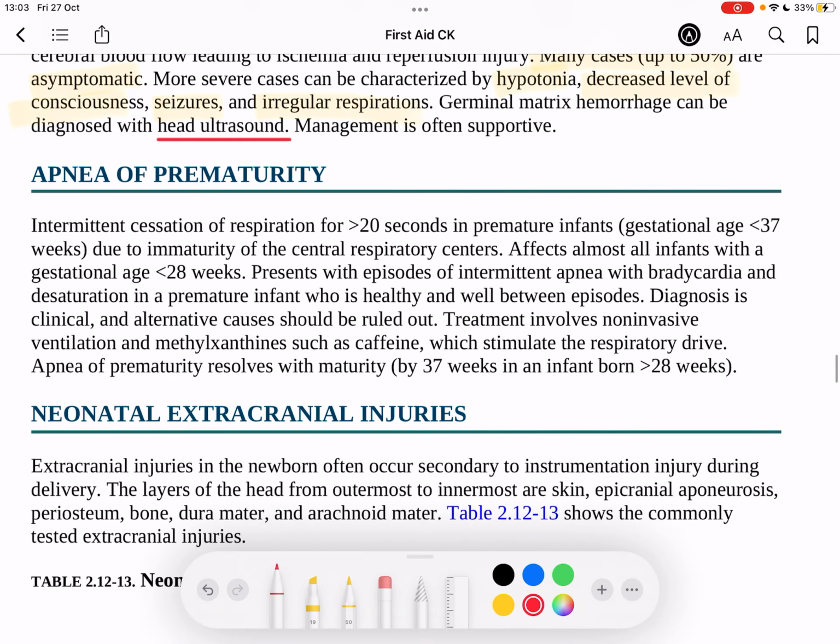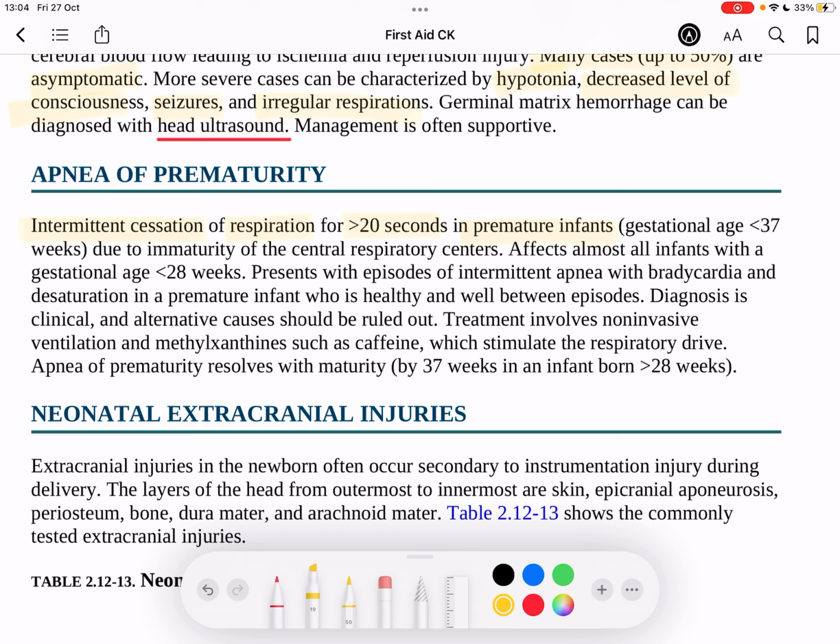I want to talk now about apnea of prematurity. This is really different to meconium aspiration, to NRDS, and to transient tachypnea of the newborn. It's its own disease, and you've got to be able to distinguish between them. Apnea of prematurity is an intermittent cessation of respirations for more than 20 seconds in premature infants, less than 37 weeks gestation.